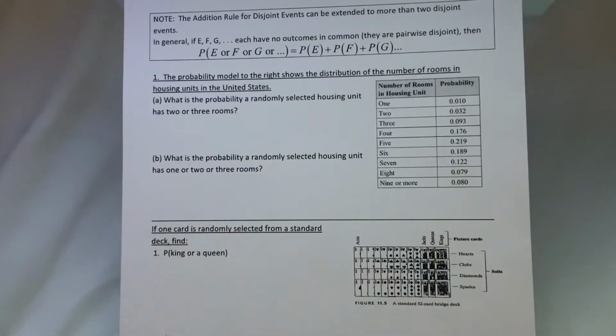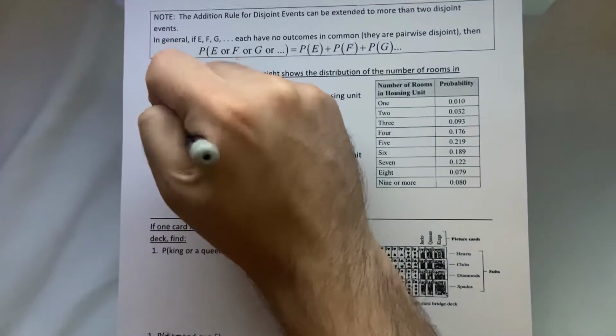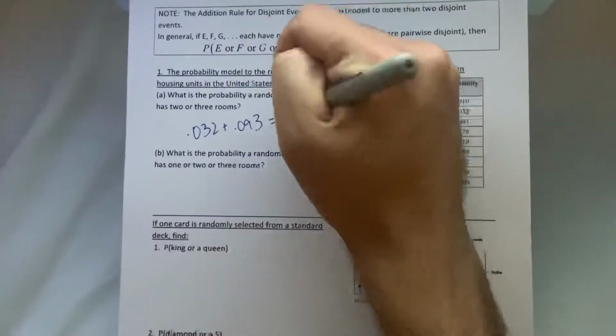The probability model to the right shows the distribution of the number of rooms in housing units in the United States, and it's 1 through 9 or more. What is the probability a randomly selected housing unit has 2 or 3 rooms? You would just add the numbers for 2 and 3 together. Why? Do we not have to subtract anything off here?